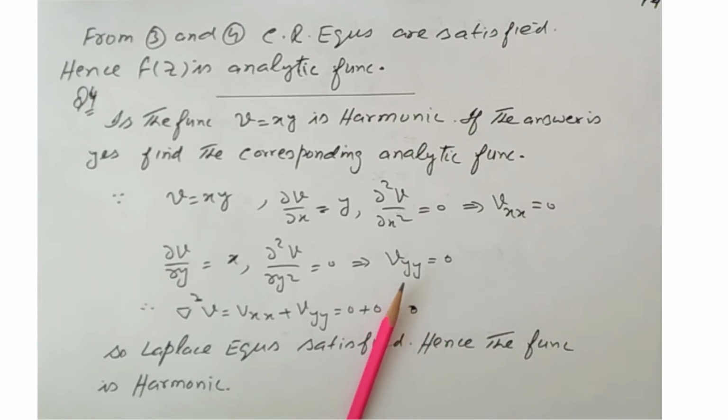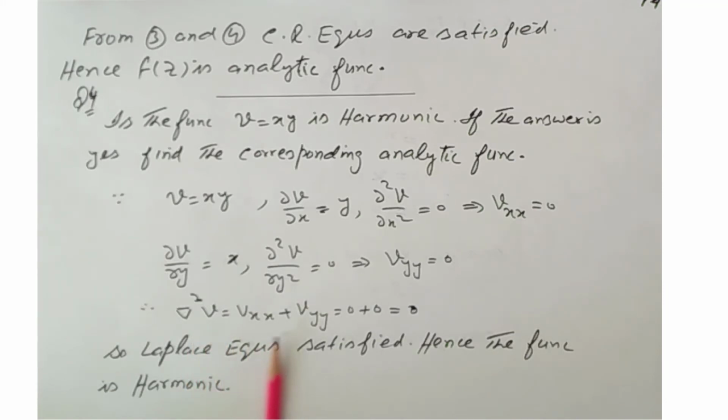This indicates that we partially differentiate v first with respect to y and again with respect to y, it becomes v double y, so equal to 0. Now Laplace square v equals v double x plus v double y, so v double x is 0, v double y is 0, this is equal to 0. So the Laplace equations are satisfied, hence the function is harmonic. So when Laplace equations are satisfied, the function becomes a harmonic function.